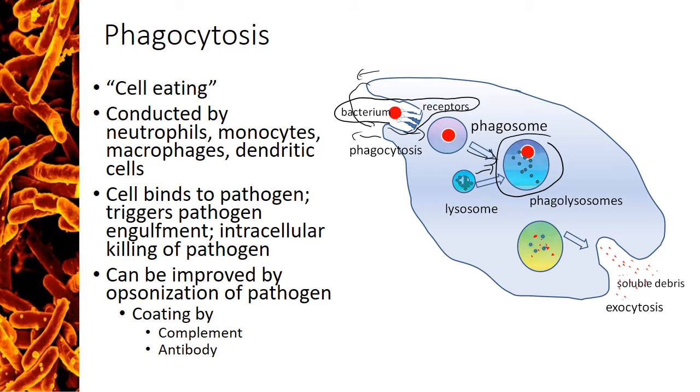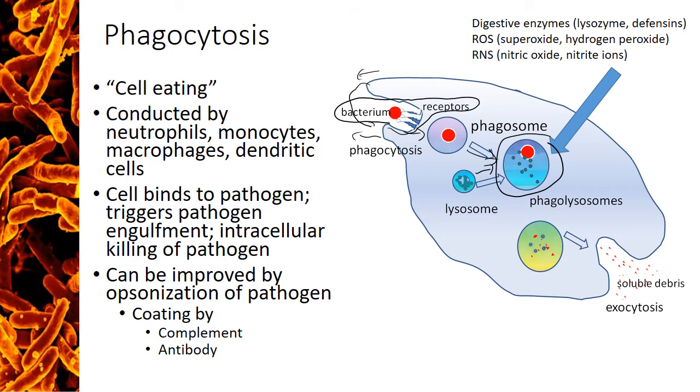So when the phagosome with the bacterium or the virus, whatever's been taken into the cell, fuses with the lysosome, all the things in the lysosome now are going to start to digest and degrade and kill that pathogen. So these are things like digestive enzymes such as lysozyme. They're also reactive oxygen species like superoxides or hydrogen peroxides, which can damage the pathogen. And if the pathogen is really hard to kill, sometimes then the macrophage will get activated.